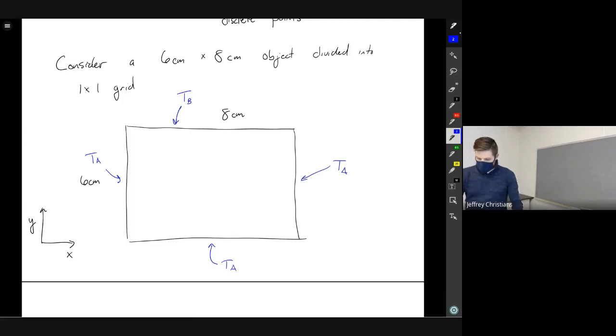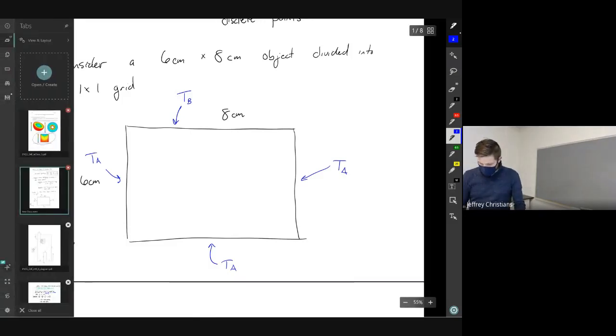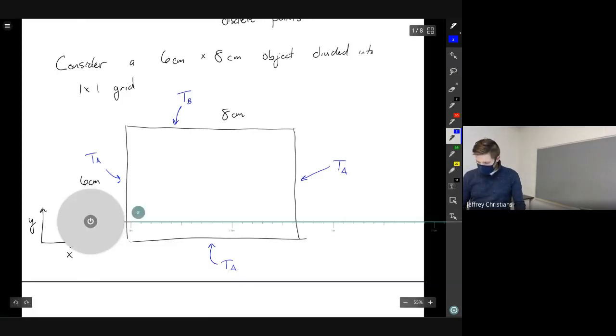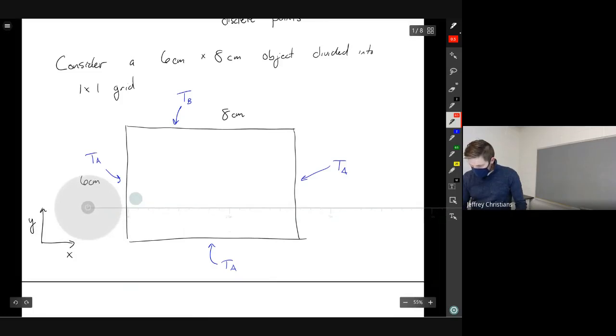We're going to divide up this guy into a grid. So I'm going to get a line. So we want to do like a 1 centimeter by 1 centimeter grid. Put that there. So there's a grid line.